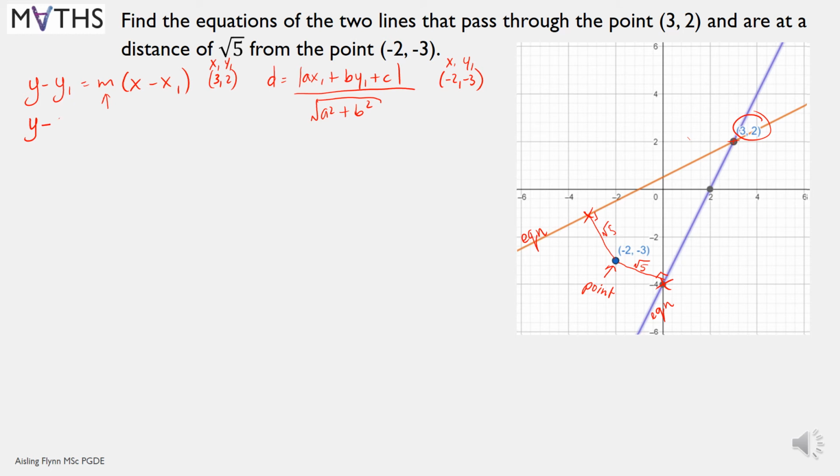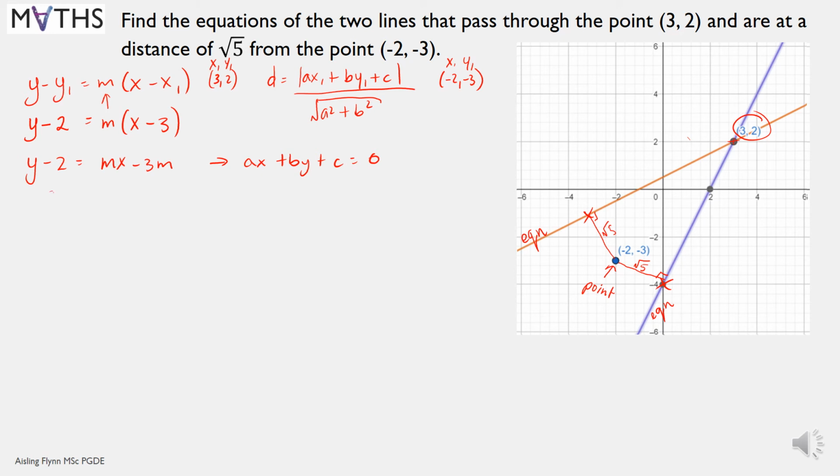So y minus 2 is equal to m times x minus 3. y minus 2 is equal to mx minus 3m, and I'm going to finish by rearranging this in the format that we need, which would be ax plus by plus c equals 0, to use this with our distance formula.